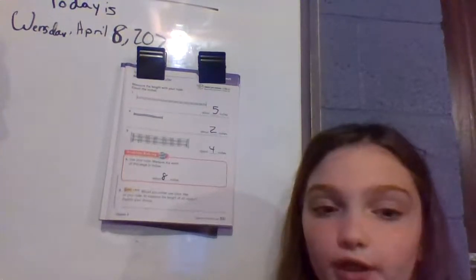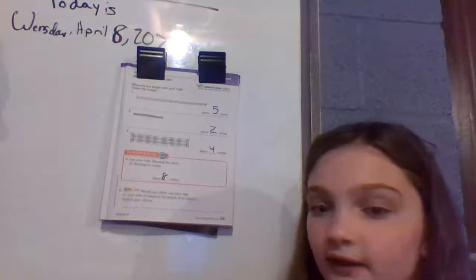But with a ruler, you have them already on, and you could just do it straight across. Okay. So go ahead and write down ruler for your reason. And you said because the numbers are already there.